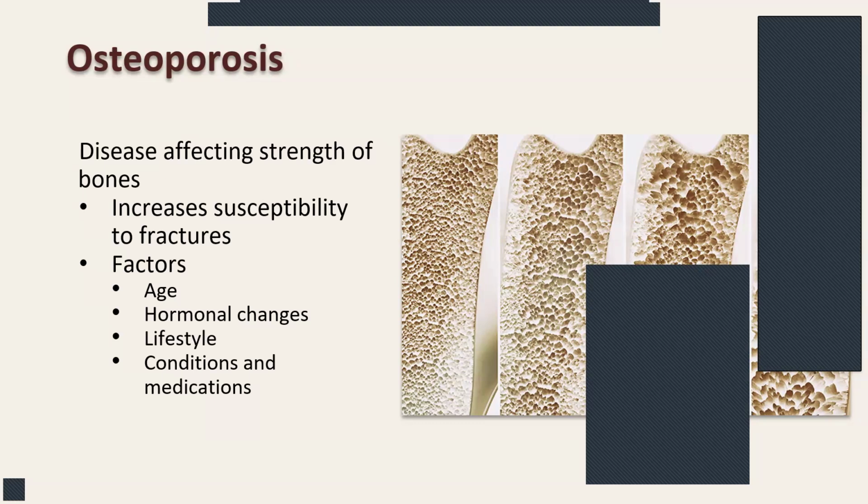And then there are some conditions and the medications that are taken for those conditions that can affect osteoporosis. Specifically, any condition where an anti-epileptic medication is used. Many of them have a side effect that decreases bone density. There are also other medications that decrease bone density, and I will talk about those here just a little bit.